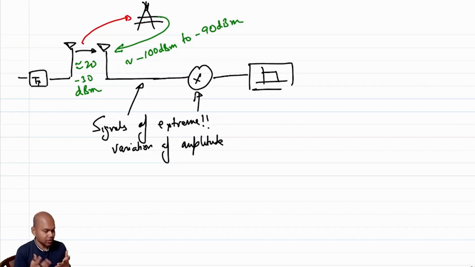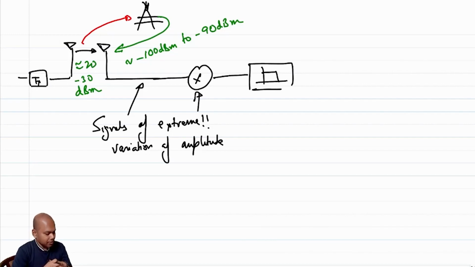Drawing from your experience in analog circuits, transistors are nonlinear devices, right? So if the transistors are not biased properly, they can saturate out, and they can lead to a lot of distorted output signals, right?